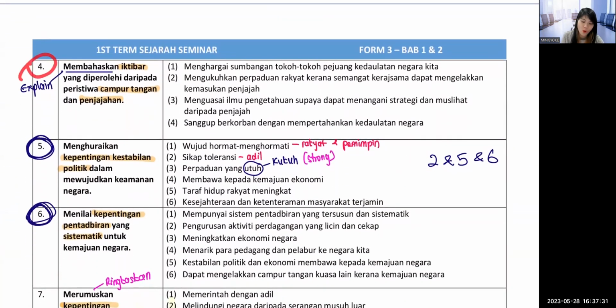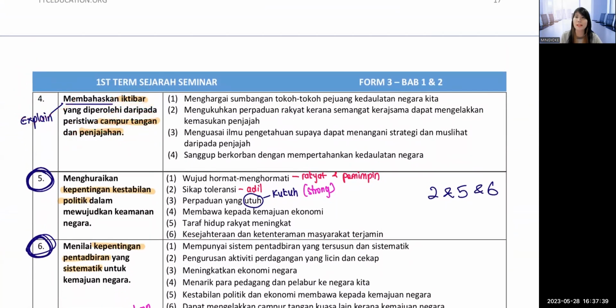And therefore, number 4 is talking about, explain, what do you learn from the interference from penjajah? What do you learn? You must appreciate all the heroes who fight for the country, sacrifice for the country. You must learn from them, willing to sacrifice to defend our sovereignty. Strengthen unity.